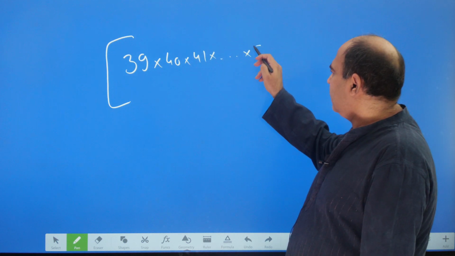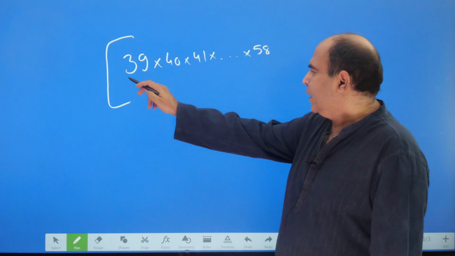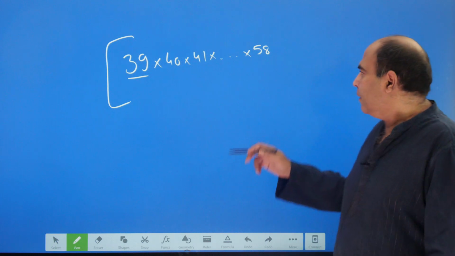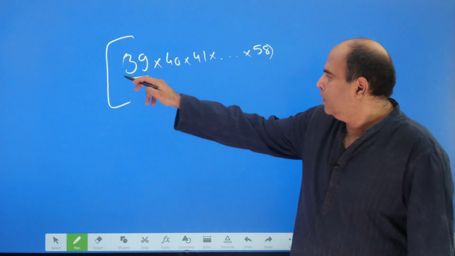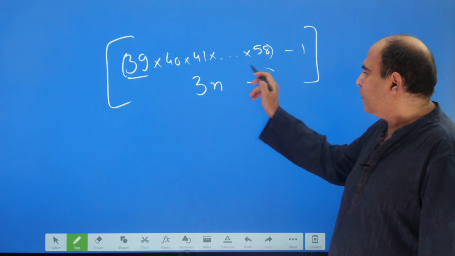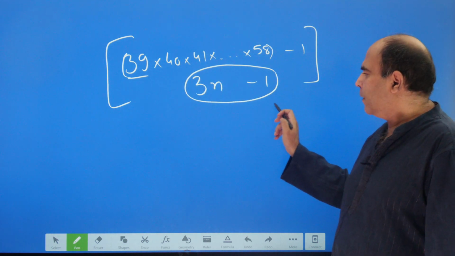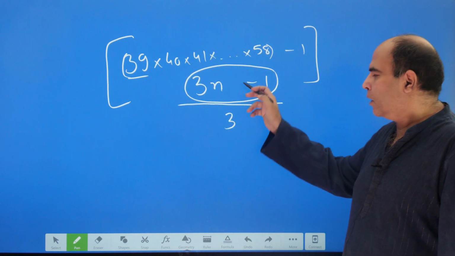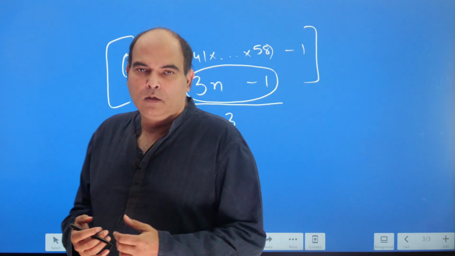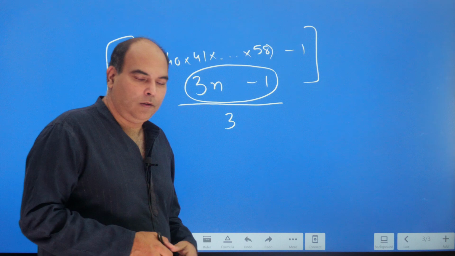Obviously, if there is a 39 here, the moment there is one multiple of 3 in this multiplication, the whole number becomes a multiple of 3. And if from this number I am subtracting 1, in mathematical terminology, this number is a 3n minus 1 number. And a 3n minus 1 number does not cancel out a single 3 when you put a 3 in the denominator. It will give you a non-cancelable fraction.